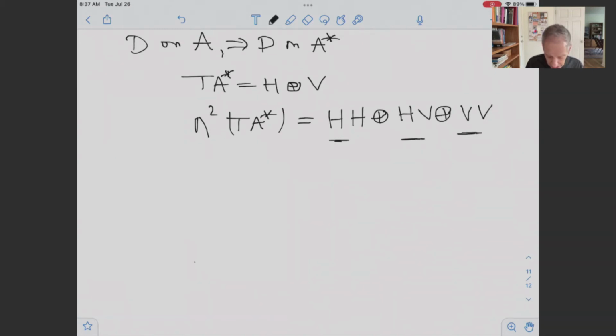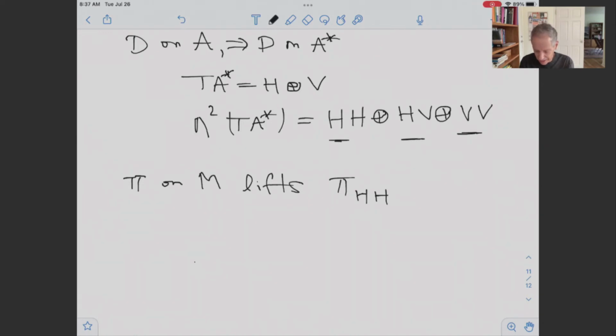Now, if M has a Poisson structure, it then lifts to something that we can call pi HH. It's going to be a horizontal bivector field on T star of A. Now, in general, pi HH is not a Poisson structure.